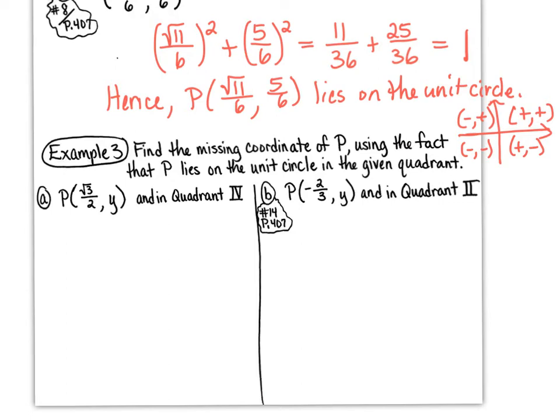Well, we know that the missing coordinate is going to be negative because it's in quadrant 4. So y will be negative because P lies in quadrant 4. Okay. Now what?